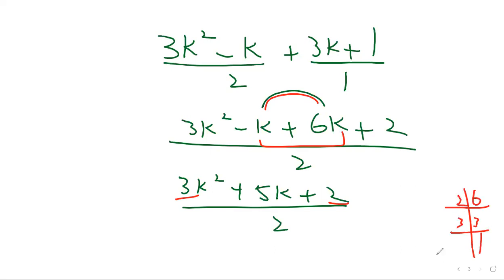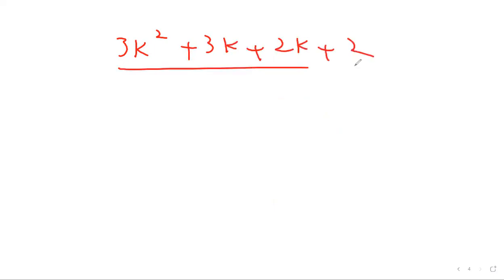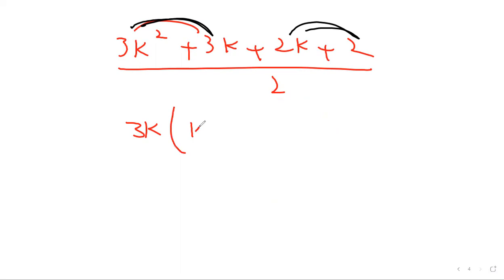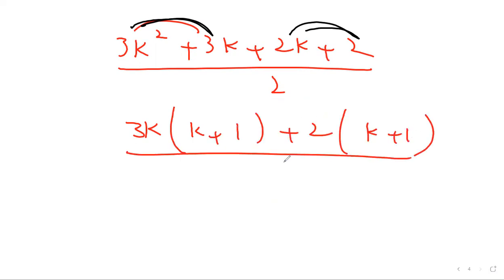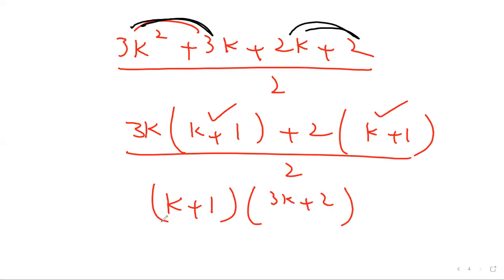Both are correct. 3k square plus 3k plus 2k plus 2 upon 2. 3k is common in the first two terms, and 2 is common in the next two terms. Now 3k into k plus 1, and 2 into k plus 1. If you have done it right, definitely the bracket will be the same like this. It is 3k plus 2 upon 2.